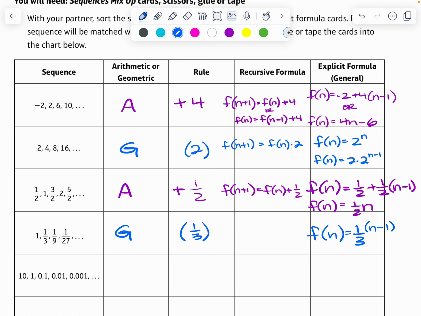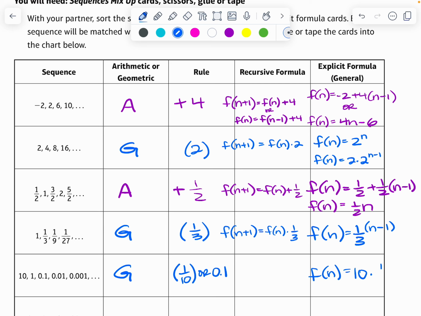All right, I'm just going to jump to simplified. This is also geometric. You can multiply by 1/10 or 0.1, whichever you prefer. Started with my first term.